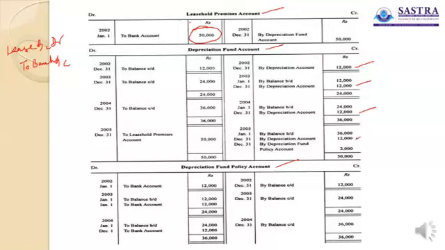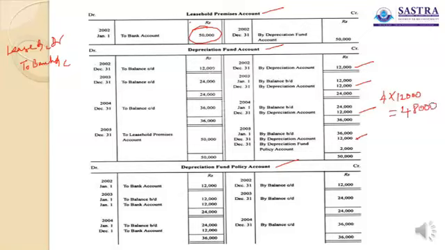So 4 years of depreciation is provided so far. 4 into 12,000 is 48,000.